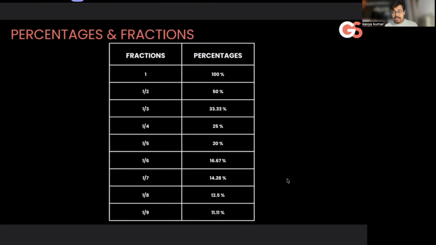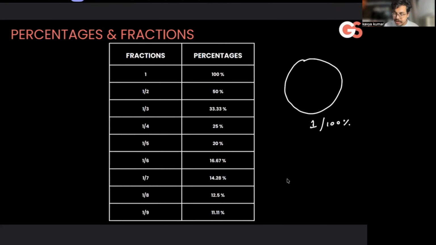So this is the basics table. From this table, you'll be able to understand how fractions and percentages are correlated. Let's consider a pizza. The complete pizza is called 1, or 100%. This is one and the same thing.